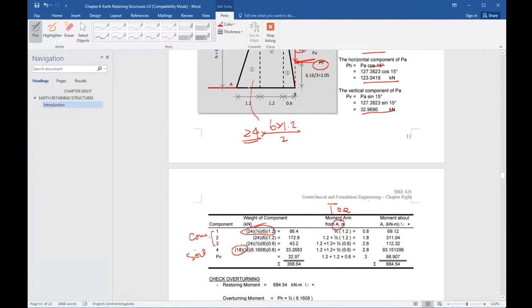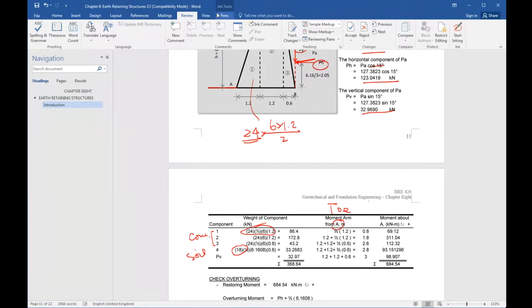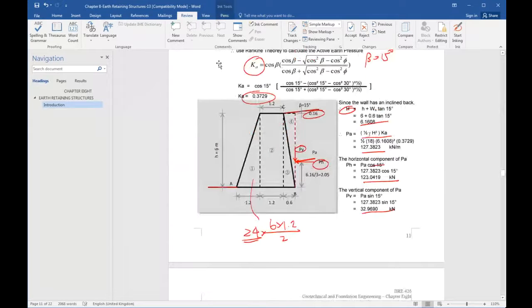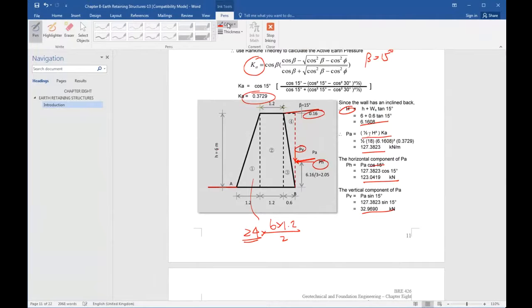The D1. D1 will be equal to 2/3 of 1.2, right? So what's the distance here? 2/3 times 1.2, okay?